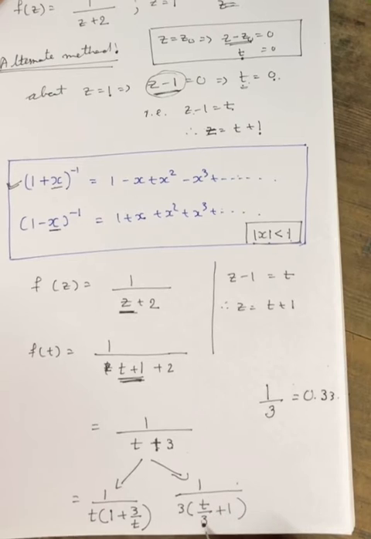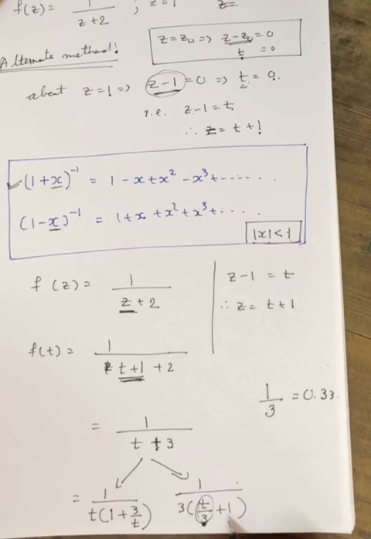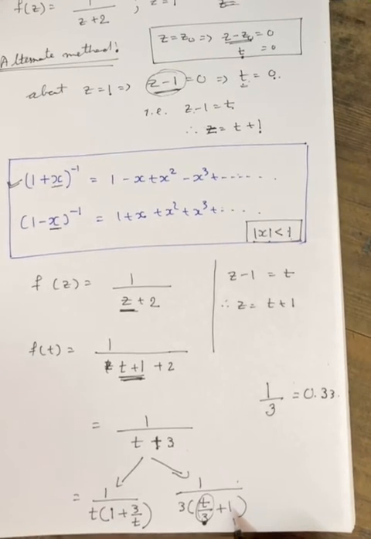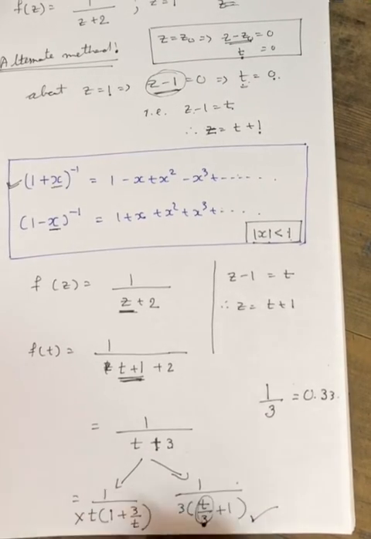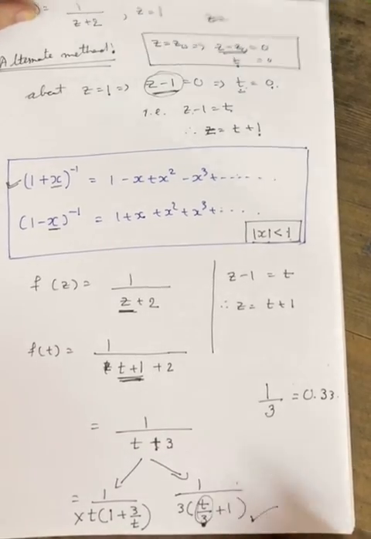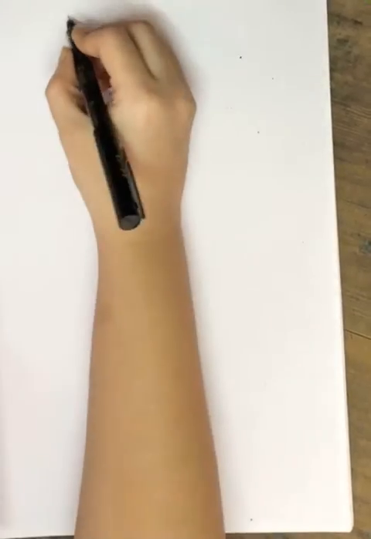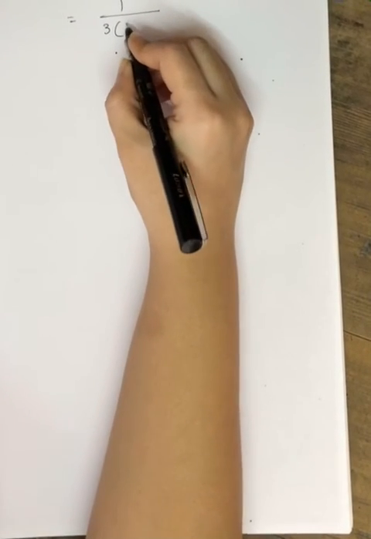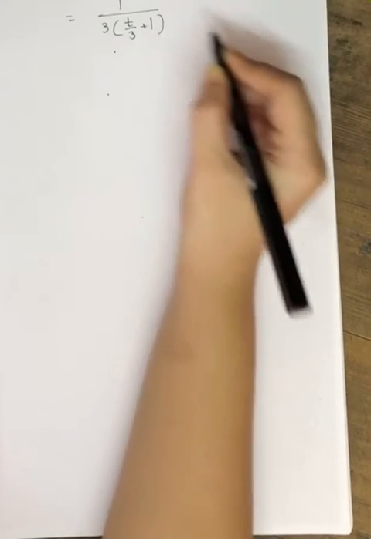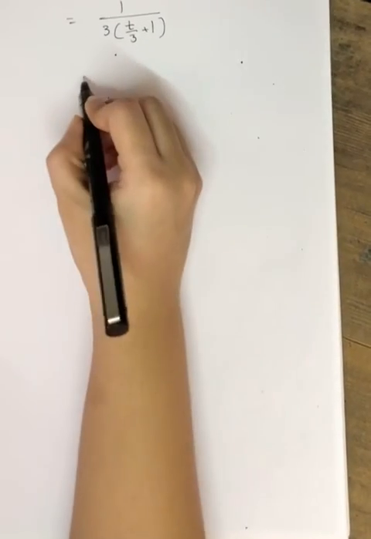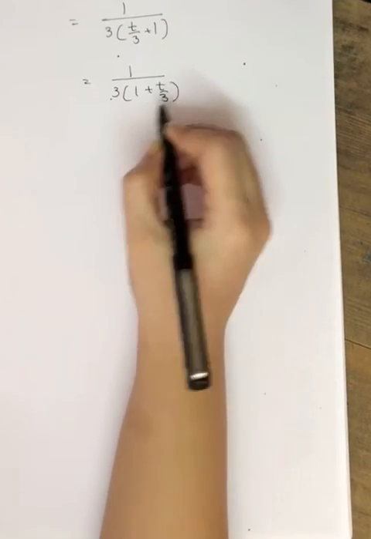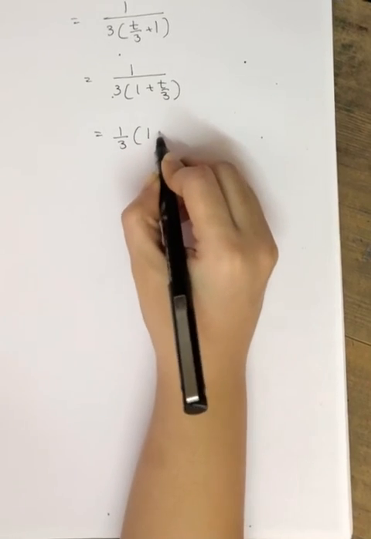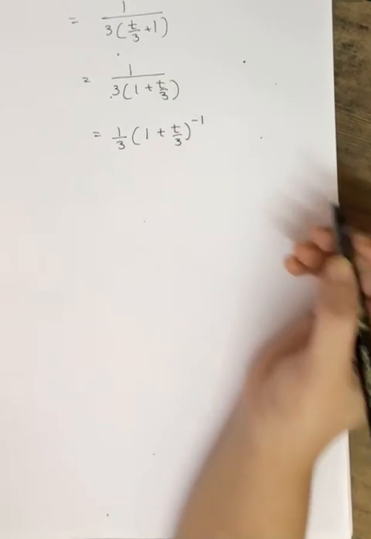That means this term is smaller than 1, and therefore we are going to use this possibility and not the other one. So we will take 3 outside, and we have t by 3 plus 1. I am just rearranging them: 1 plus t by 3, and then this is nothing but 1 by 3 times 1 plus t by 3 to the minus 1.